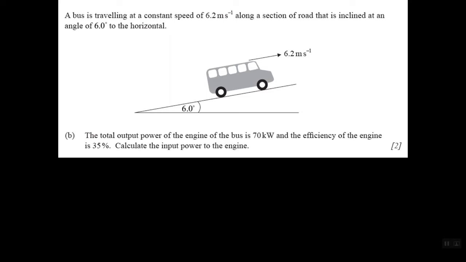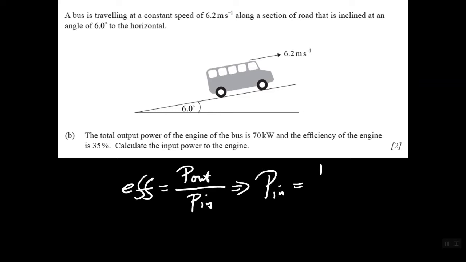B. The total output power of the engine of the bus is 70 kilowatt and the efficiency of the engine is 35%. Calculate the input power to the engine. So output power is given, efficiency is given. The question is asking the input power. So we use the efficiency formula.